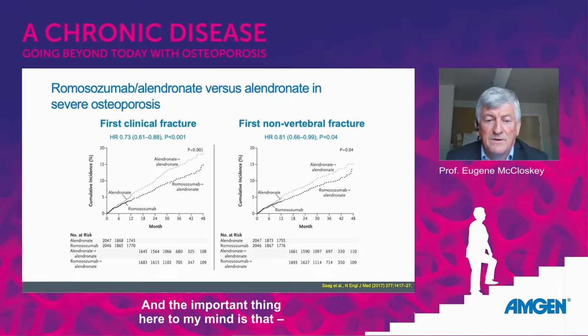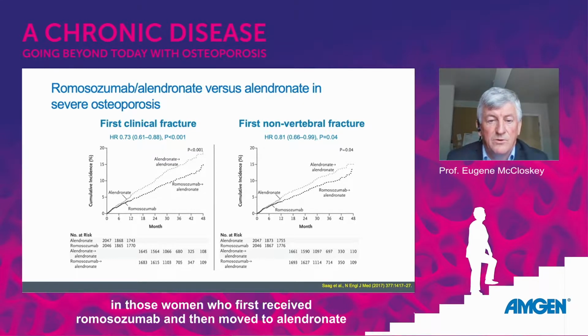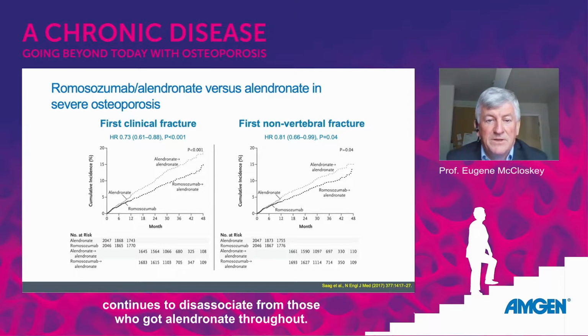And the important thing here, to my mind, is that if we look, for example, just at the first clinical fracture, the line of incidence of fracture in those women who first received romosozumab and then moved to alendronate continues to dissociate from those who got alendronate throughout.